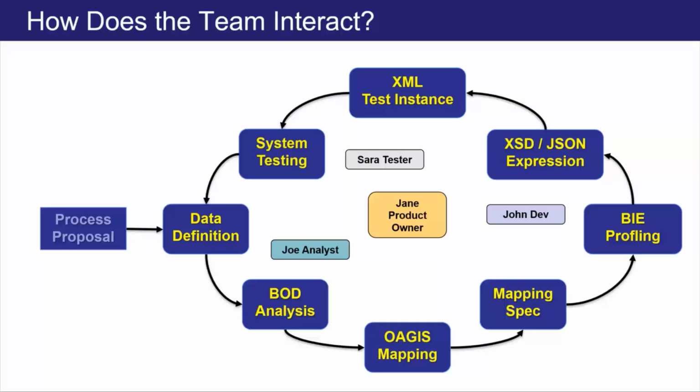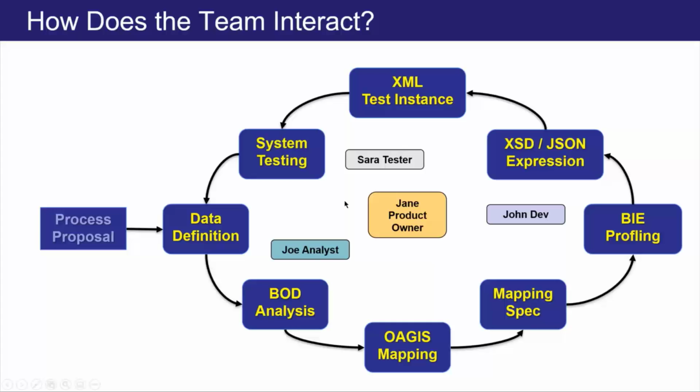So Sarah will produce a bug report and give that report to Jane, and Jane can update the Agile dashboard, whichever product or development methodology they happen to be using. And Jane can, on a daily basis during the daily stand-up, provide feedback to the team. And so Jane knows where the project is at any time based on the work that Joe, John, and Sarah have been performing.